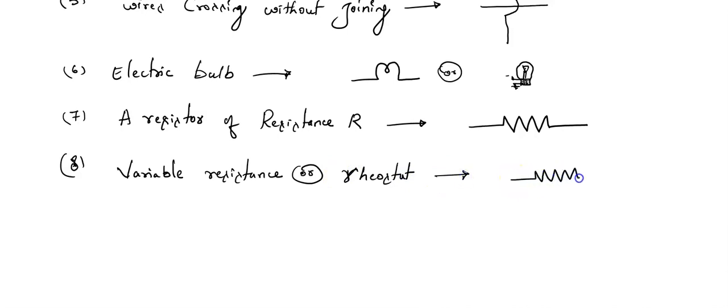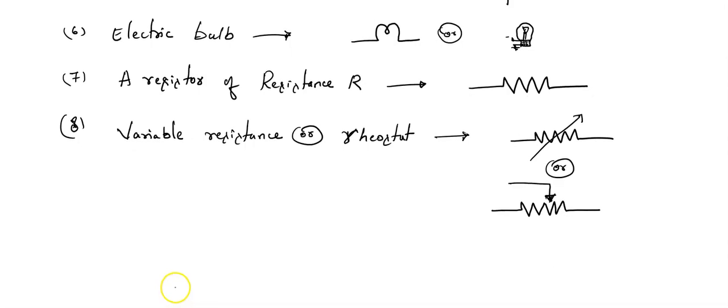Just draw a resistor like this and draw one arrow mark like this, that is a variable resistor. Or this can also be written in this form. Just draw the resistor like this and draw the symbol like this. So this is known as variable resistance or rheostat. Got it? Very good.